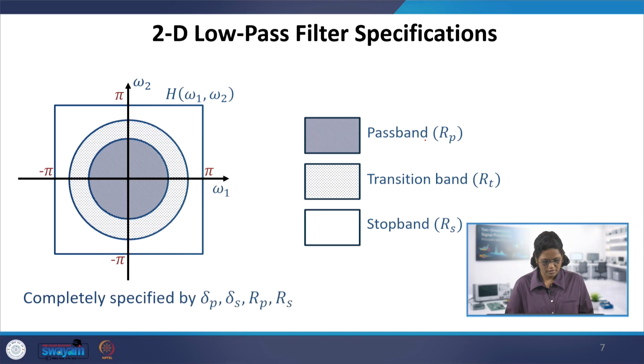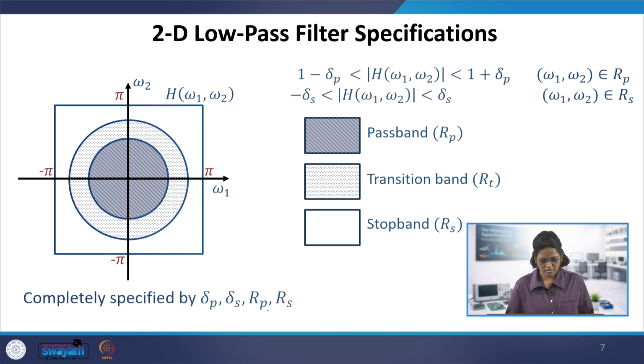Here we also have the regions of support RP and RS. RP is the region of support of the pass band, RS is that of the stop band, and the transition band in between is the region RT.